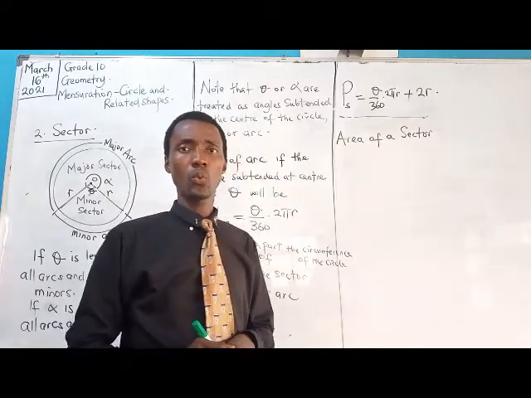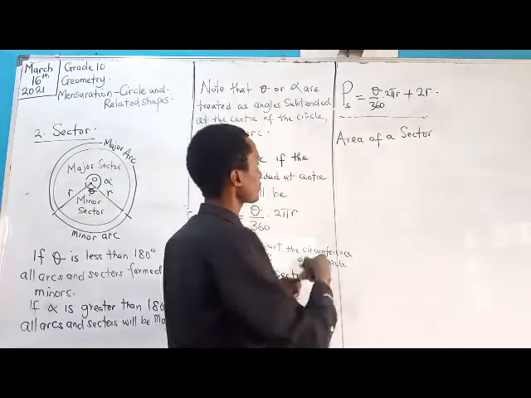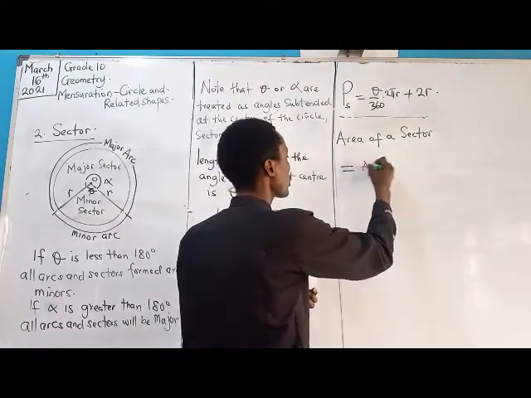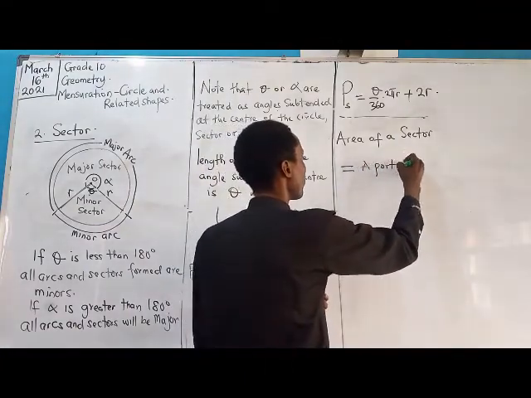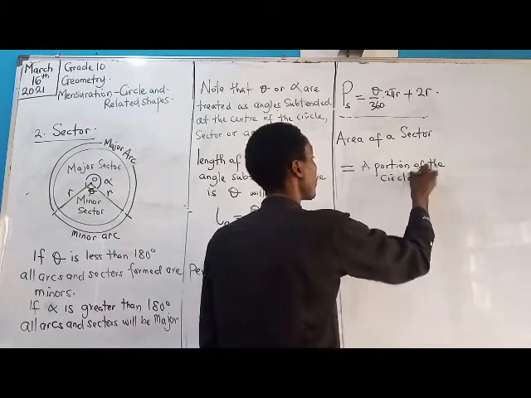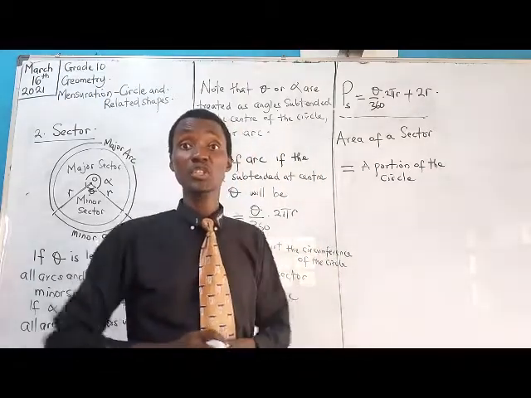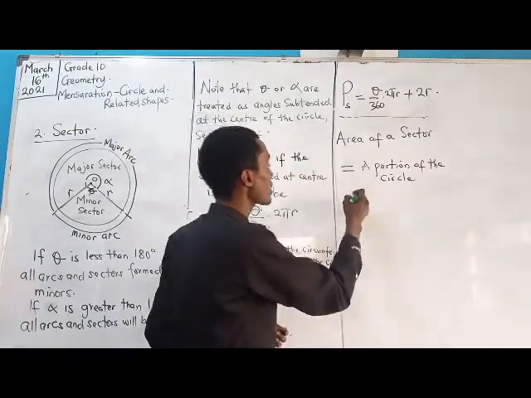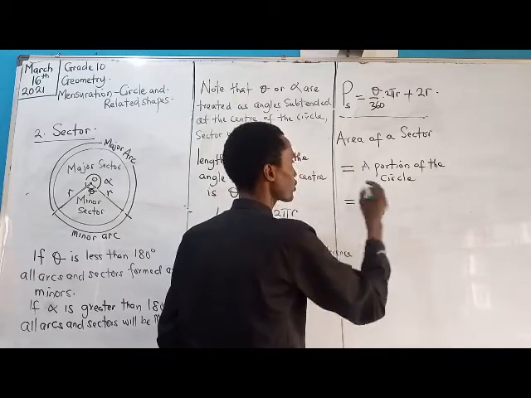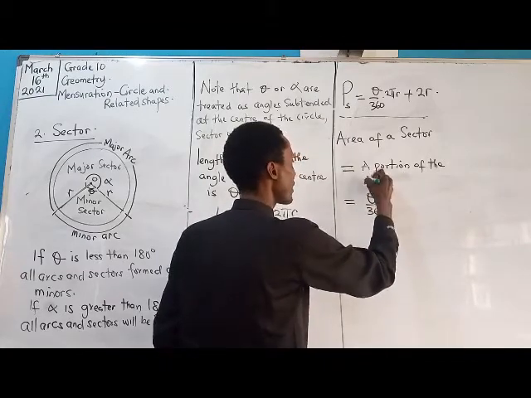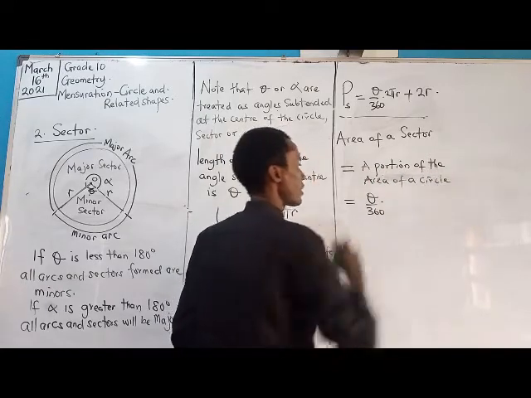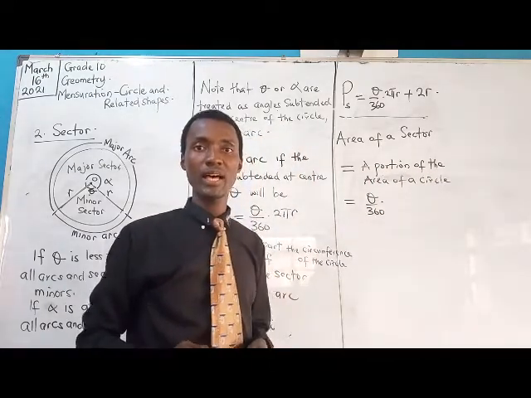Okay, so with that said, the area of a sector will be a portion of the circle. That's what the area of a sector is, a portion of the circle. So what's a portion? Theta over 360 times the area of a circle, so that we are very clear about what we are saying.